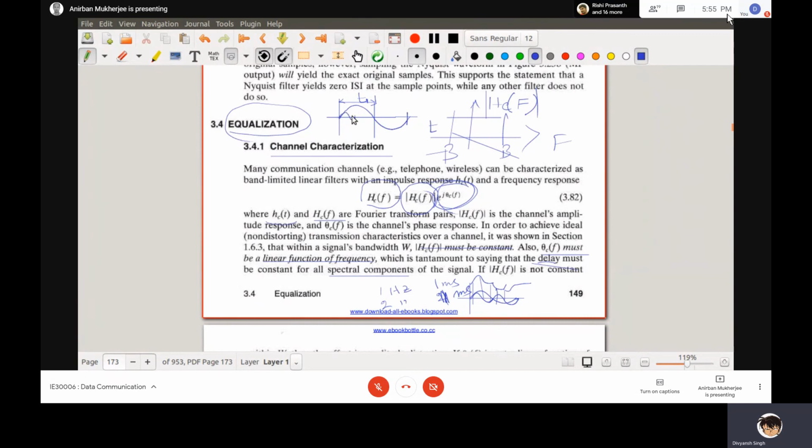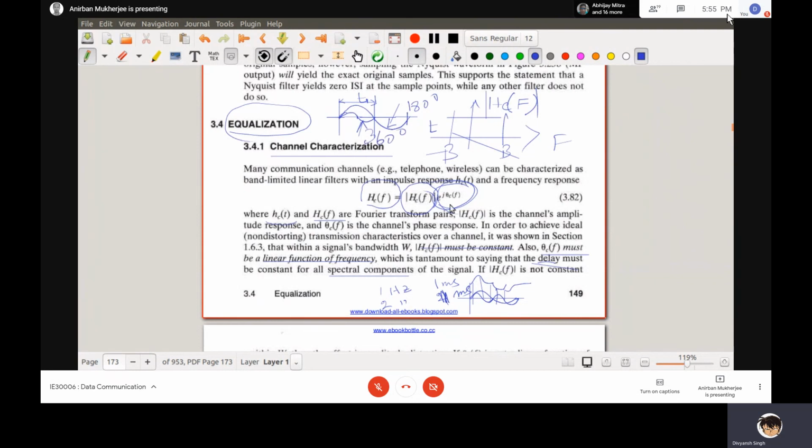For the same T1, the phase will be 180 for this one and 360 for that one.